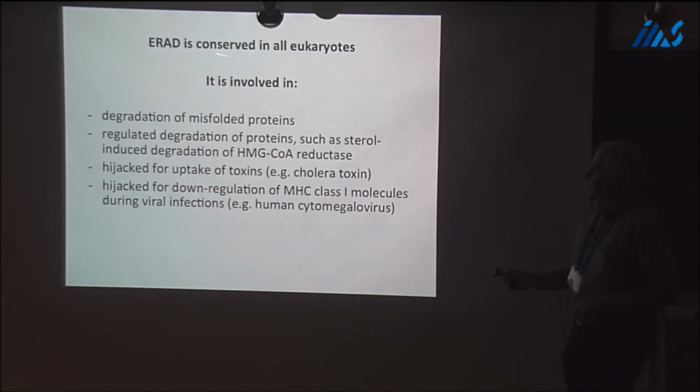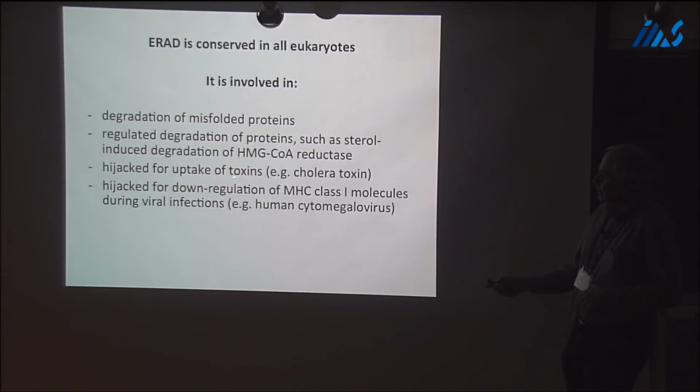ERAD is conserved in all eukaryotes, and it's not only involved in the degradation of misfolded ER proteins, it's also involved in regulated degradation. For example, HMG-CoA reductase is degraded when you have sterols in the cell because it's no longer needed.